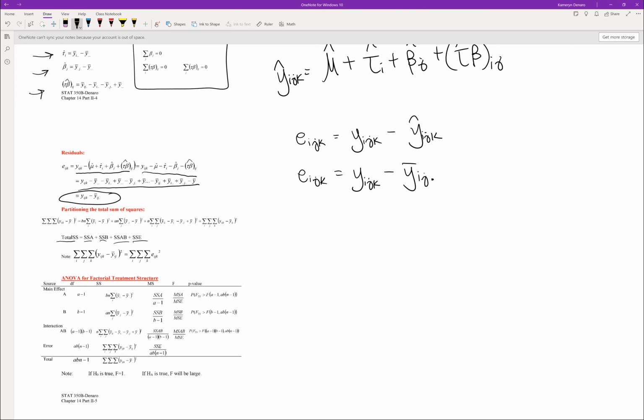When you look at all of these pieces, this piece is our sum of squares due to A, this is our sum of squares due to B, this piece is our sum of squares due to AB, and this piece is our sum of squares error.